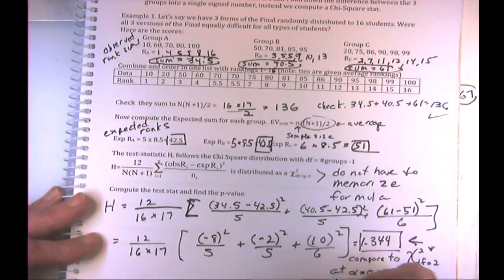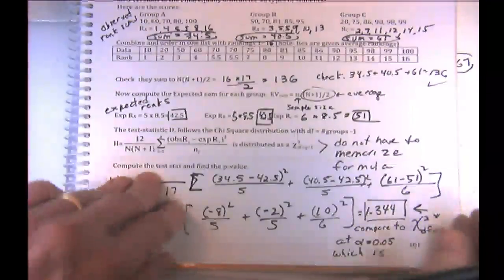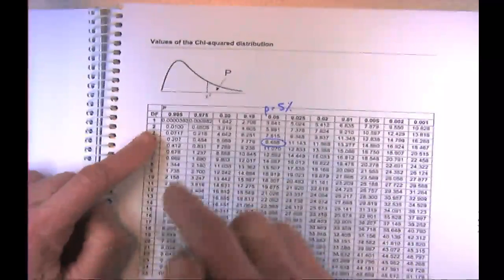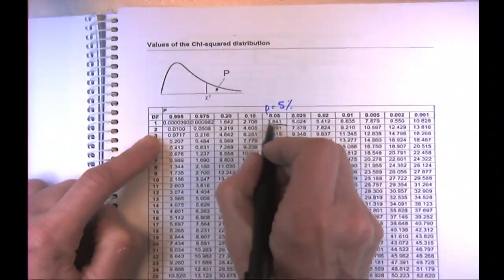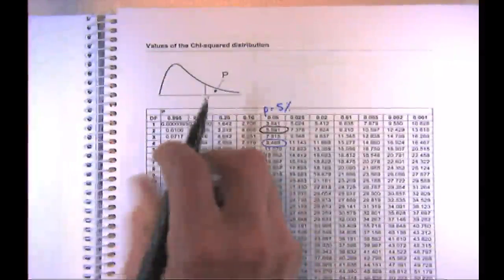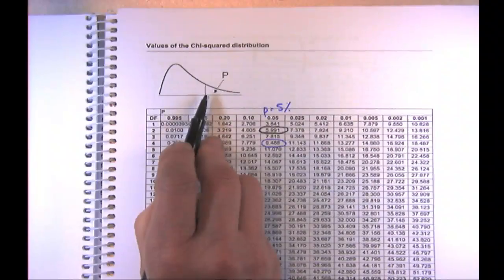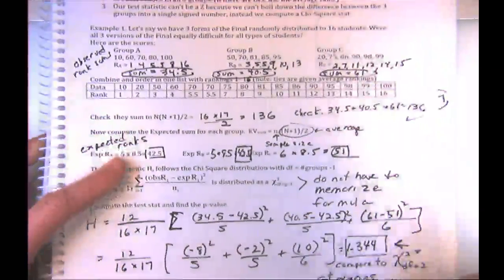We can look in the chi-square table and find that, okay, degrees of freedom 2, and here's 5%, so we are going to compare to 5.991. We need at least a 5.991 to reject the null, and we don't have it.